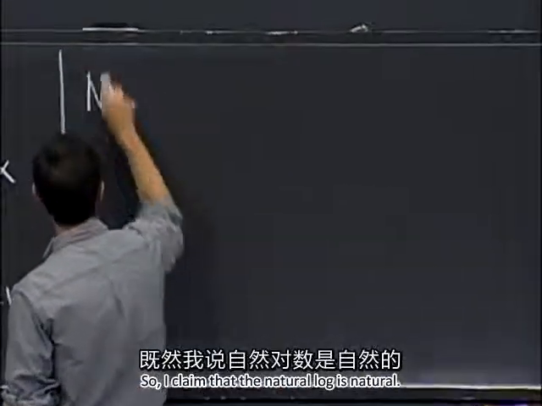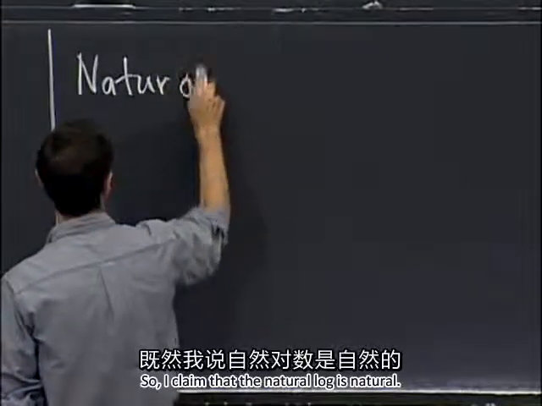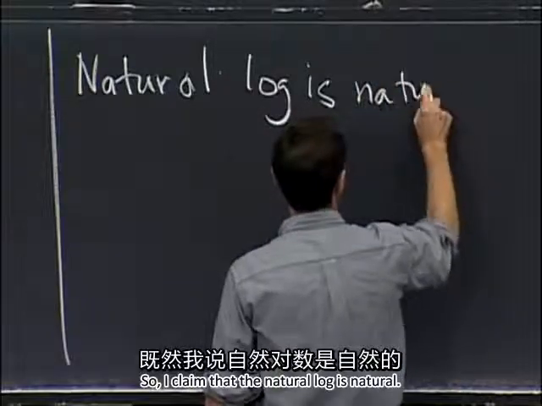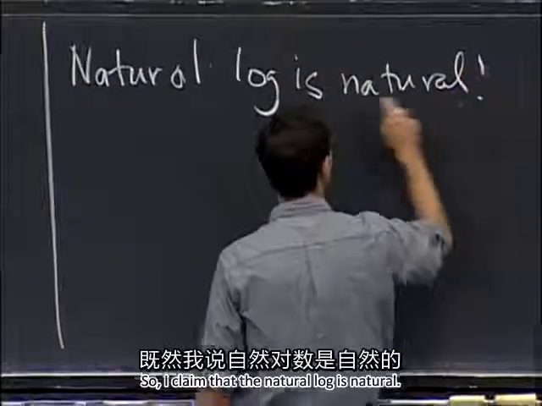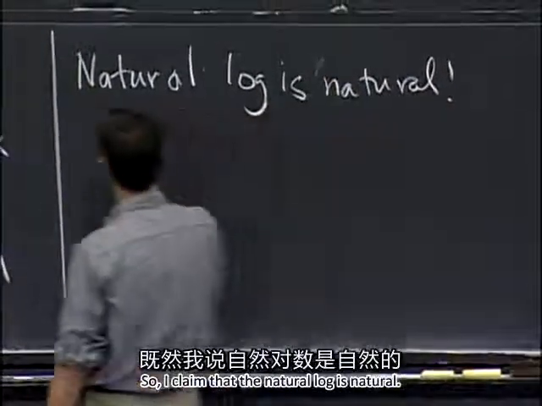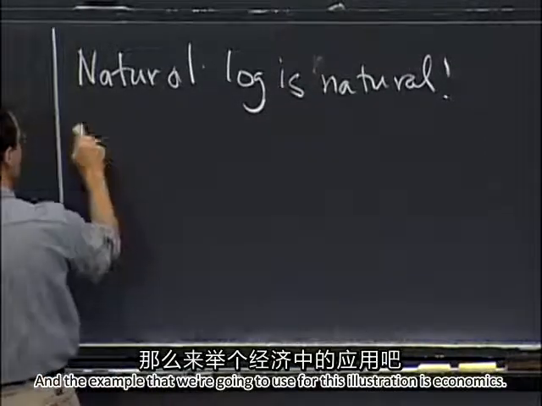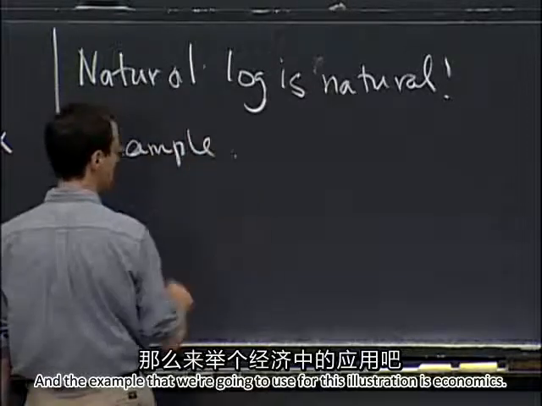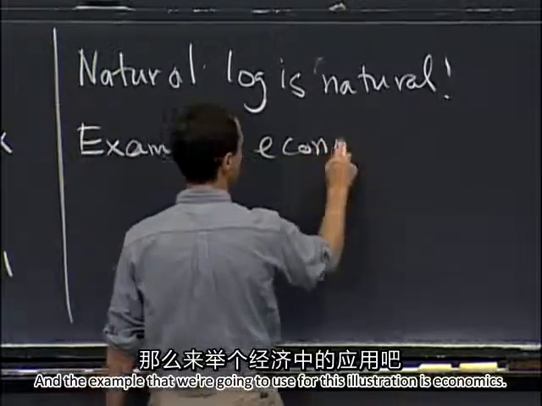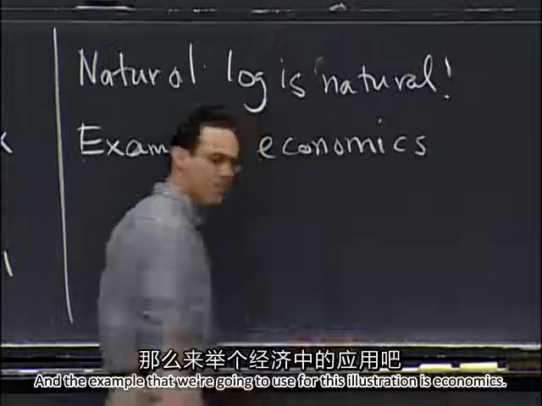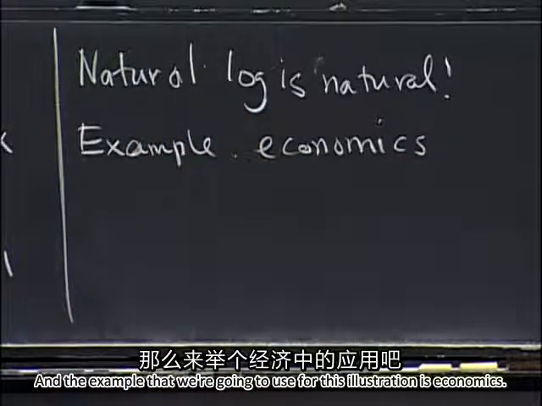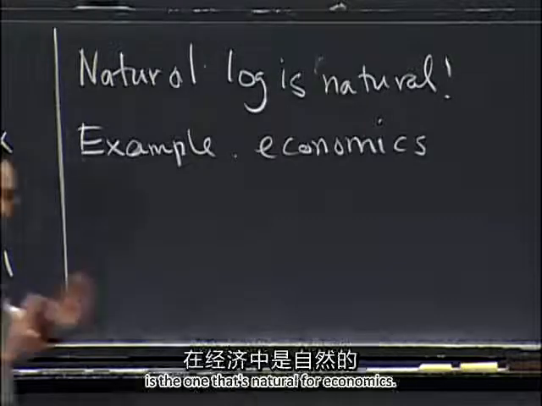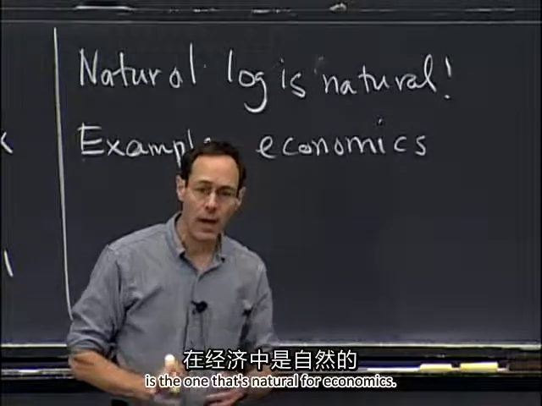I claim that the natural log is natural. And the example that we're going to use for this illustration is economics. Okay? So let me explain to you why the natural log is the one that's natural for economics.